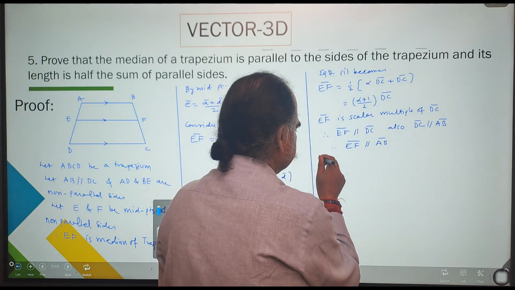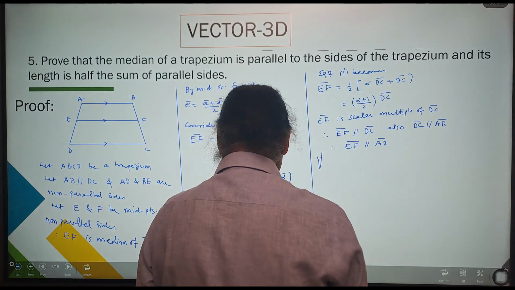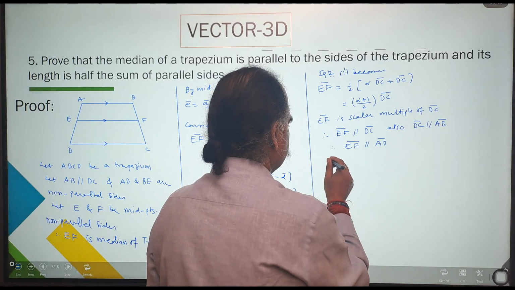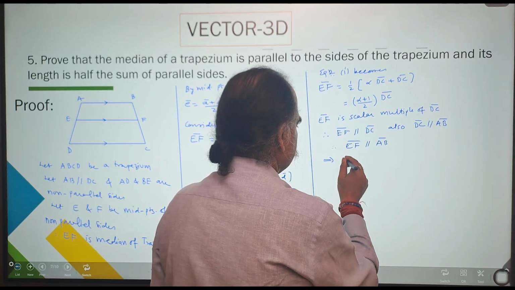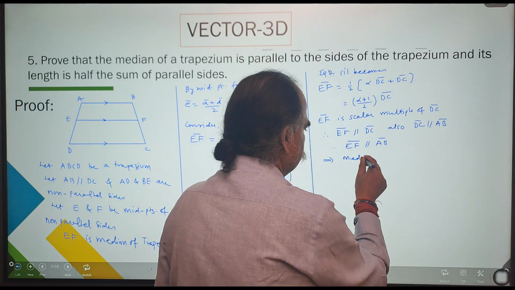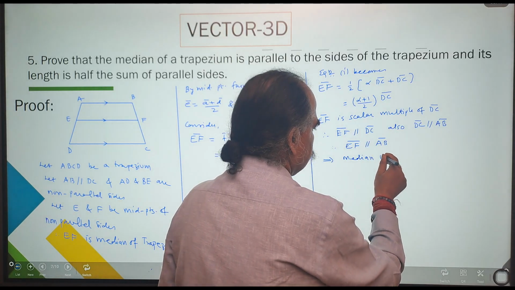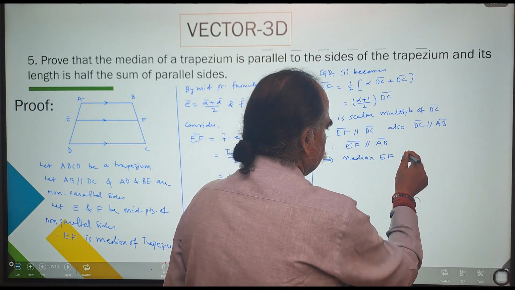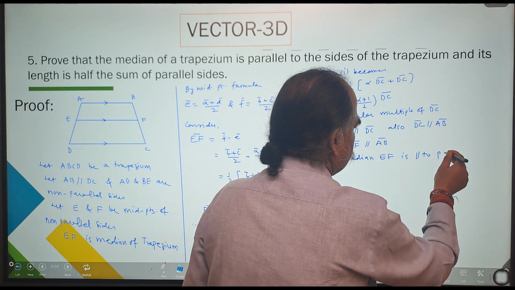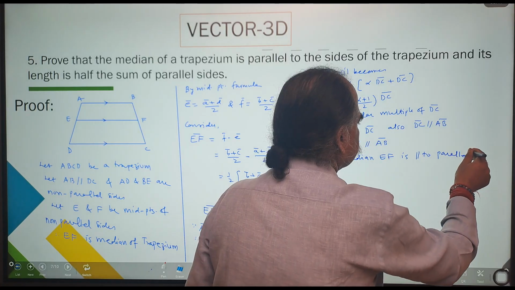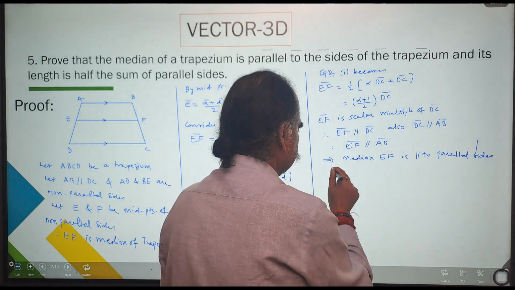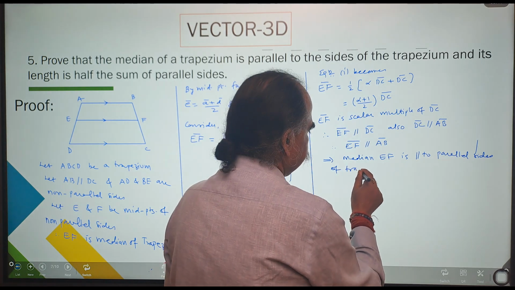This implies median EF is parallel to parallel sides of the trapezium.